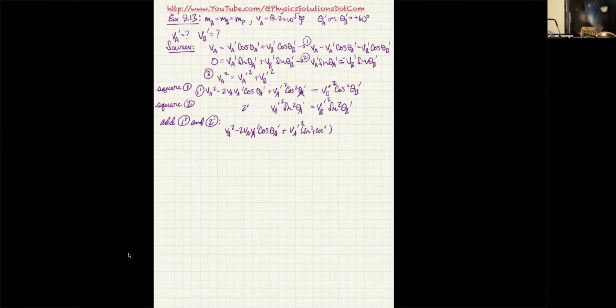That's the whole reason that we did this, because that just makes it 1, and that gets rid of one of the squared trig functions.